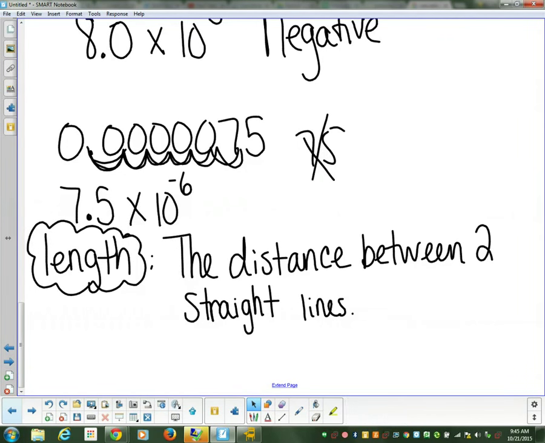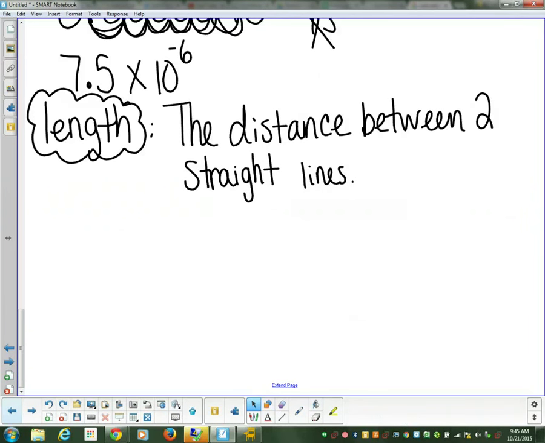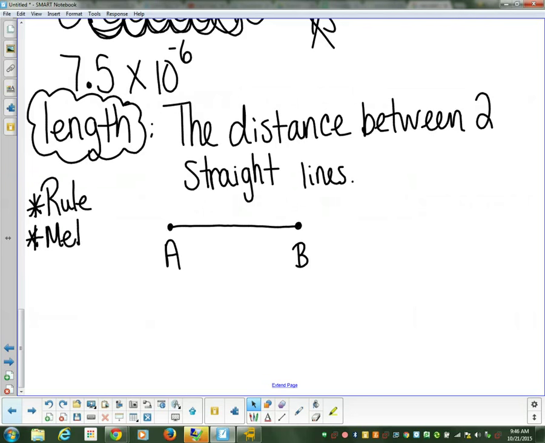Okay, so if we're talking about point A to point B, the distance that's between those is going to be the length. All right, so that's the length. We use a ruler, or we could use a meter stick as a couple of examples for how we are going to measure length.